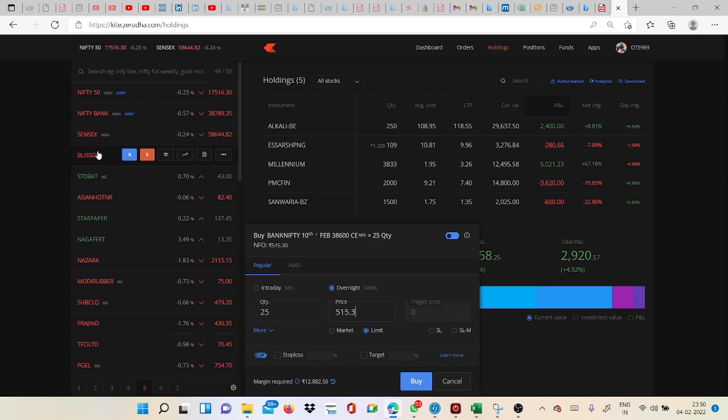In that case you will have a big profit in your pocket. Otherwise, if it goes down from this, then your contract turns negative, and even the premium of this particular contract will eventually go down or reduce. So in that case you will have a loss.